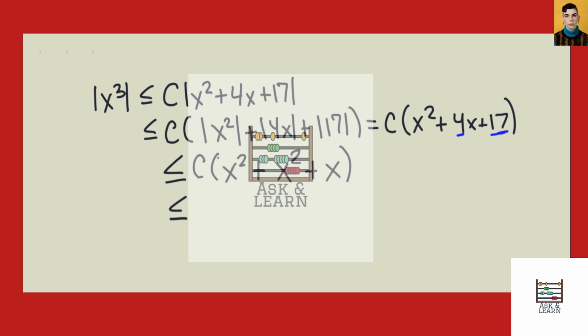Well, this means that this is less than or equal to c times x squared plus x squared, and multiplying it by another x here is only going to make it larger, so we can do that again, right? So this is actually going to give us c times 3x squared.